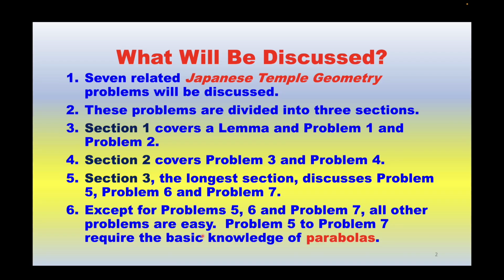So as we mentioned earlier, we will be presenting to you 7 related Japanese temple geometry problems. These problems are divided into 3 sections. Section 1 covers a lemma and problem 1 and problem 2, which is actually the first set.